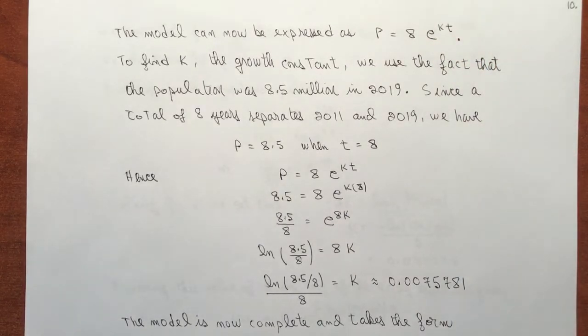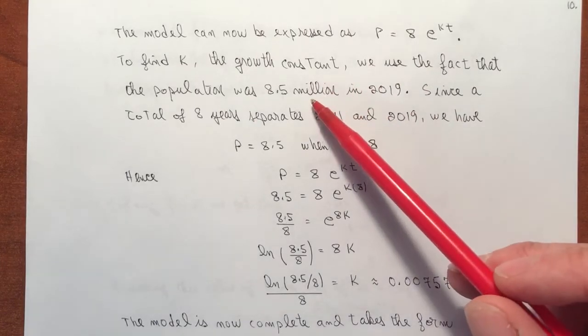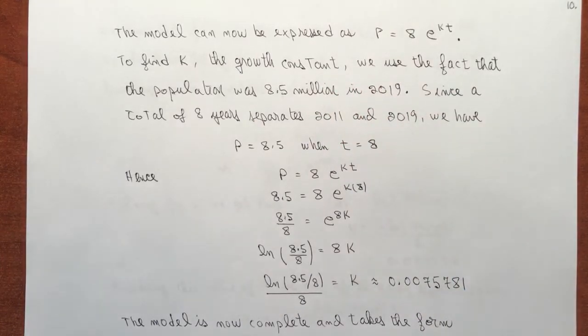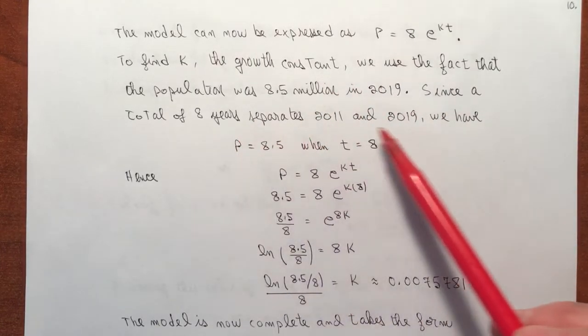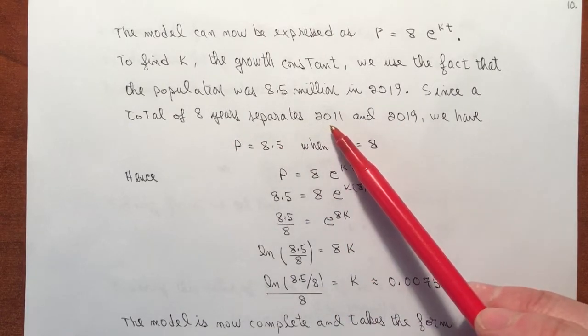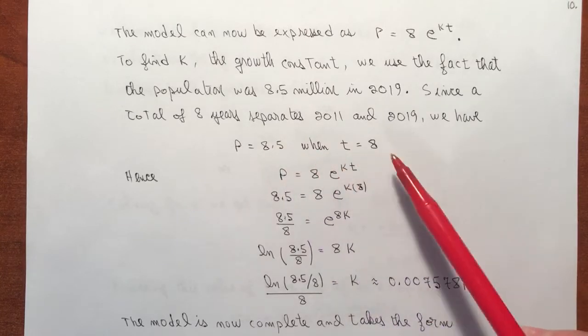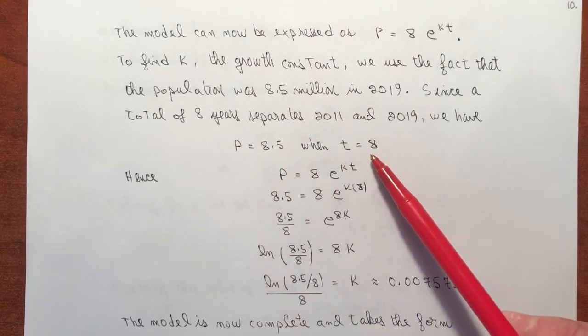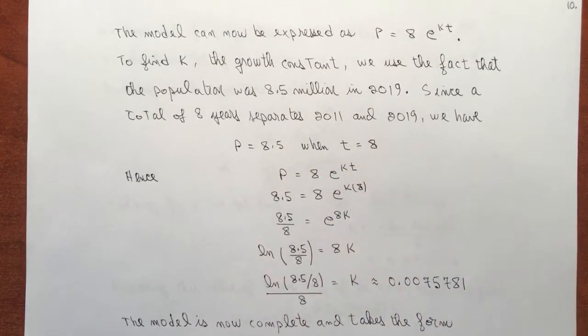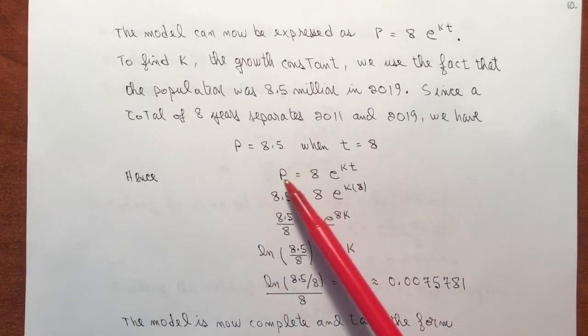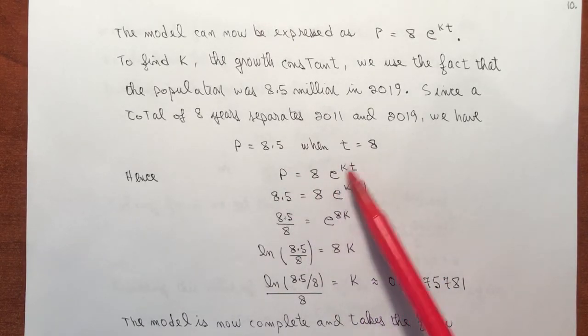Now we need to find the constant k, the growth constant, and for that we're going to use the fact that in 2019 the population will be 8.5 million. There are 8 years separating 2019 and 2011, so that means that if P is 8.5 million, that took 8 years from 2011 to get there. So back to the previous equation, P equals 8 e to the kt.